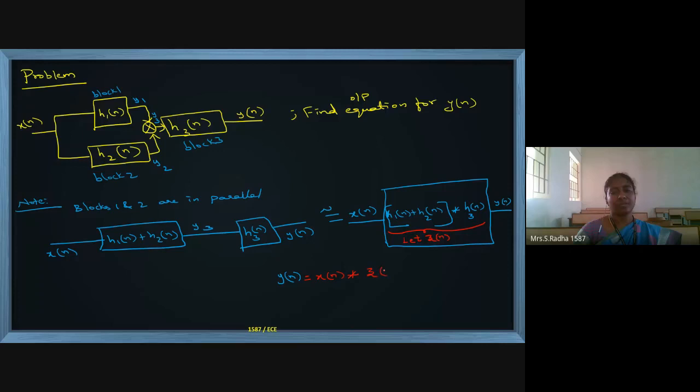If you replace the value for z of n, it is h1 of n plus h2 of n, and then convolution with h3 of n. This is the output y of n. So we will stop with this.